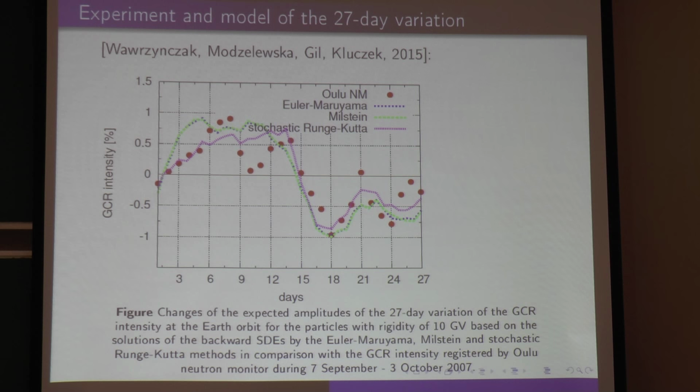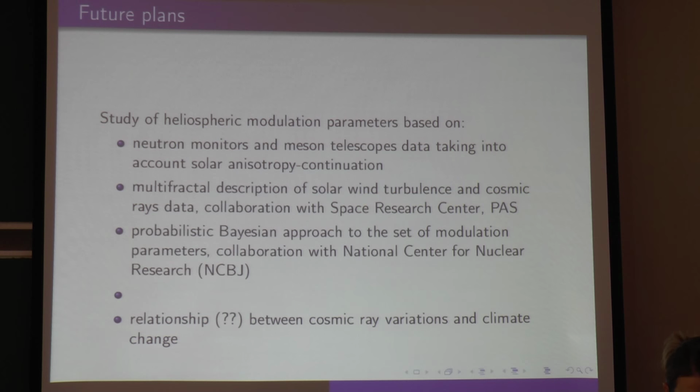And in this figure we can see a comparison between Euler, Milstein and stochastic Runge-Kutta methods with observations, and we can see also quite good agreement. This is our model. So, future plans.